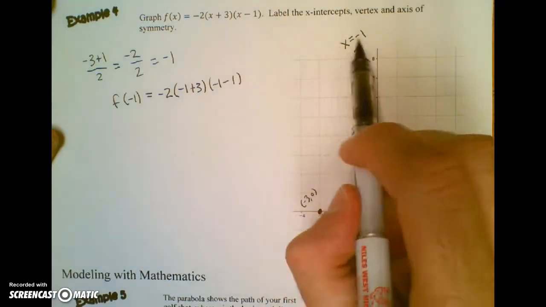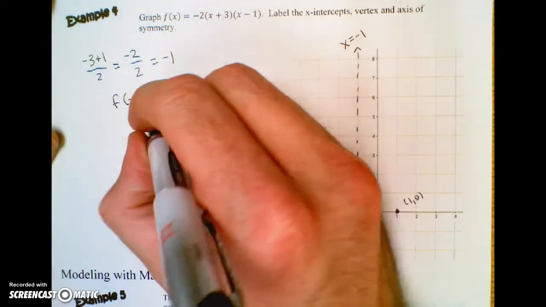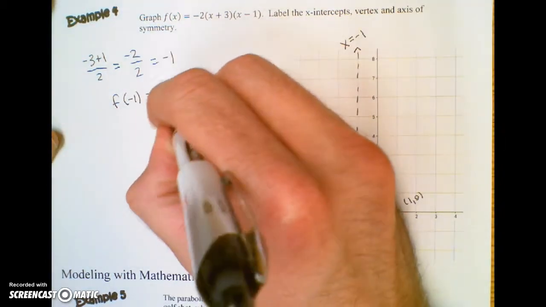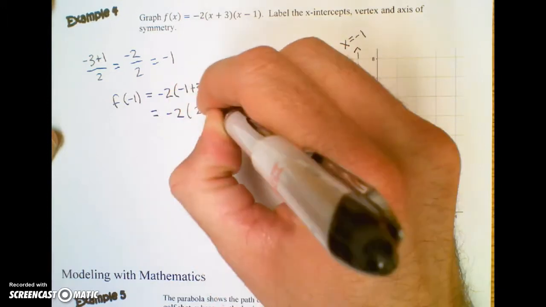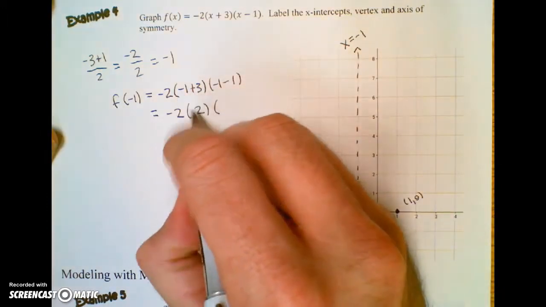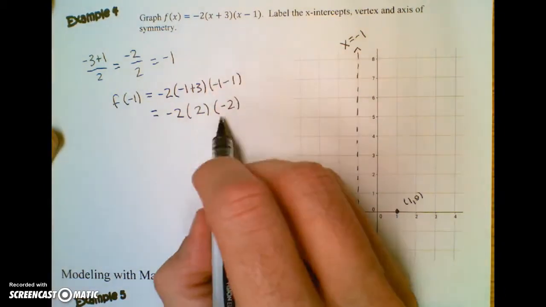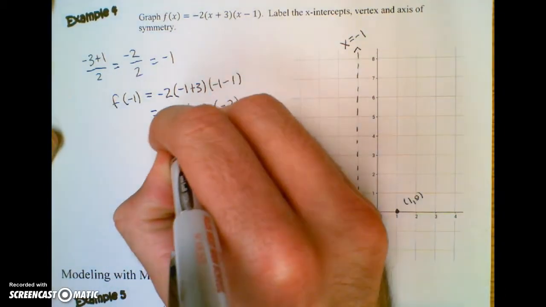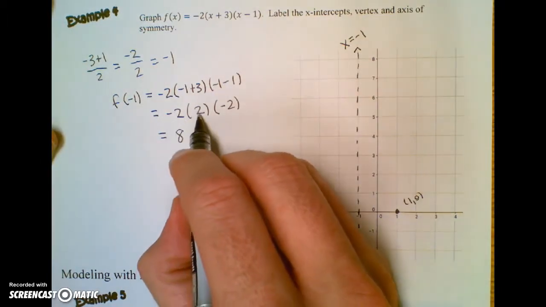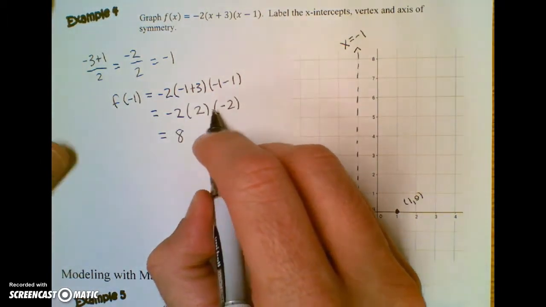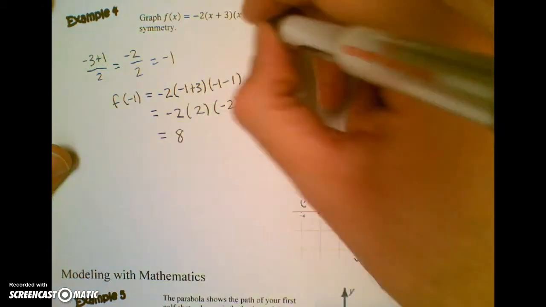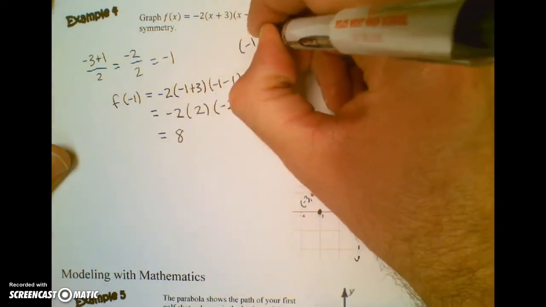So I just plugged in -1 into my x value, and then now I can figure out where my vertex is. -1 plus 3 is 2. -1 minus 1 is -2. Multiplying that together, I get +8. Because -2 times 2 is -4, and then times -2 is +8. So my vertex is at -1, 8.